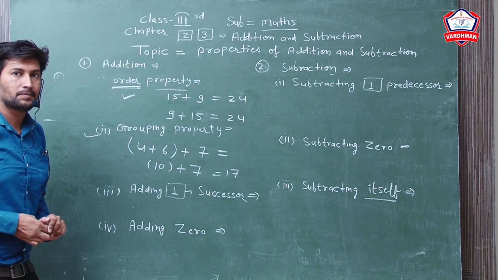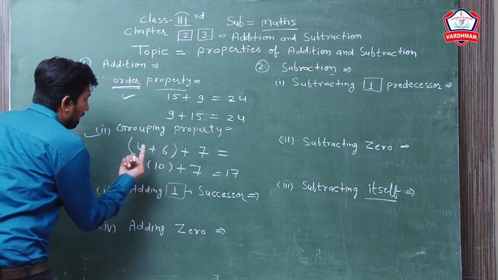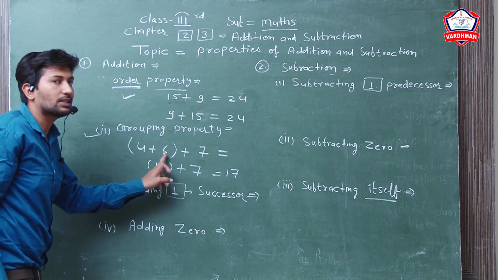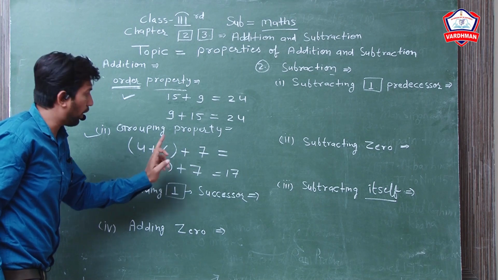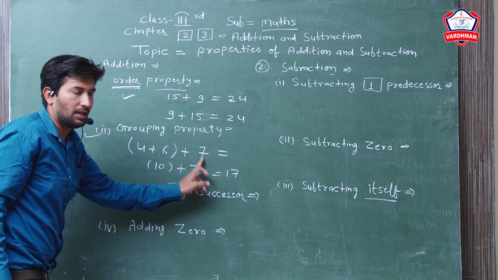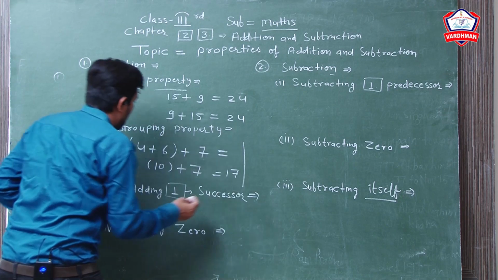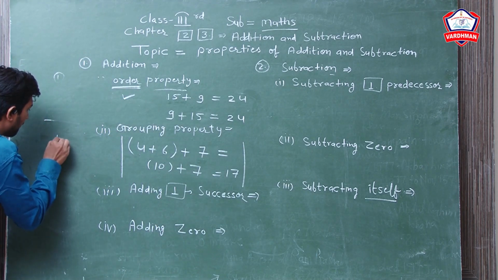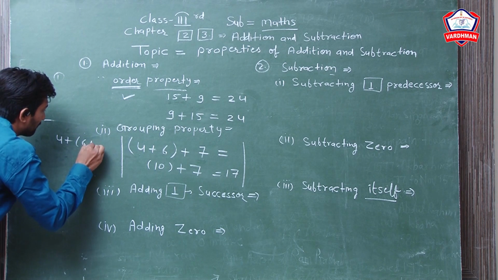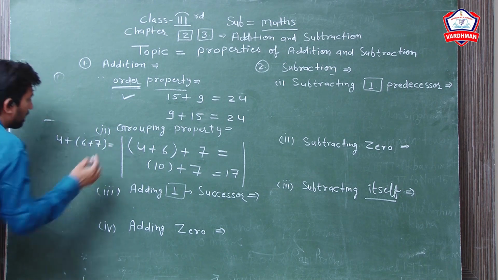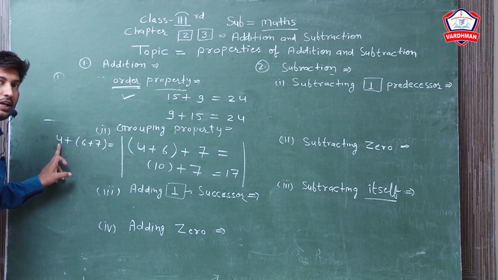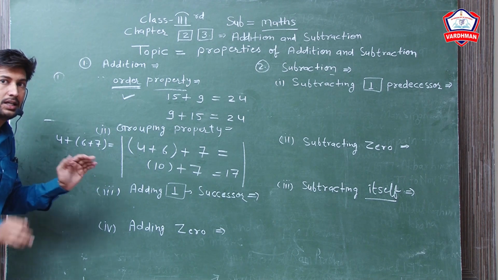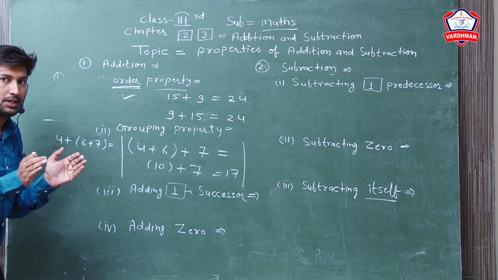it means 17. Okay, now the second: इस ग्रुप को इंटरचेंज करता हूं. First, the group was 4 and 6 and the outer number was 7. Now we will interchange this. Now you can see 4 is outer, and 6 and 7 are the group in a small kostak.